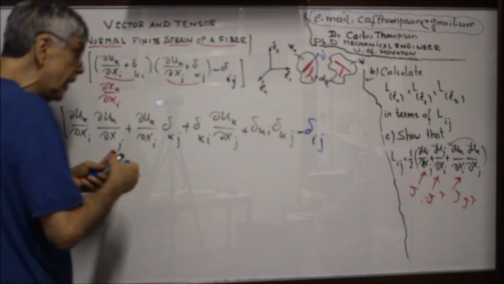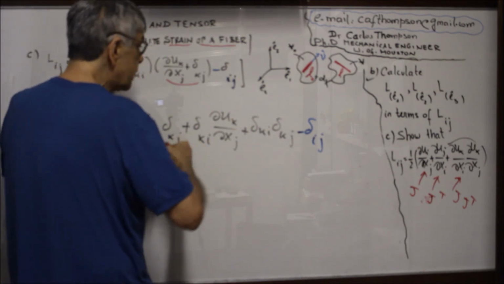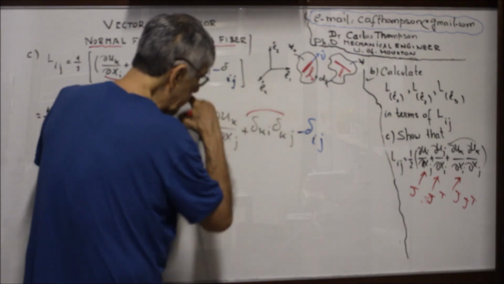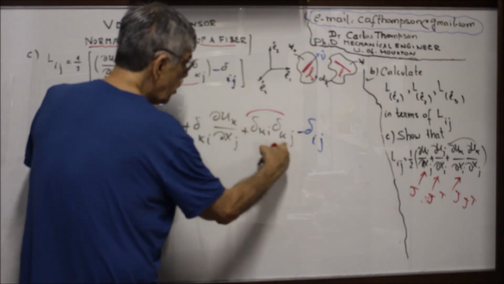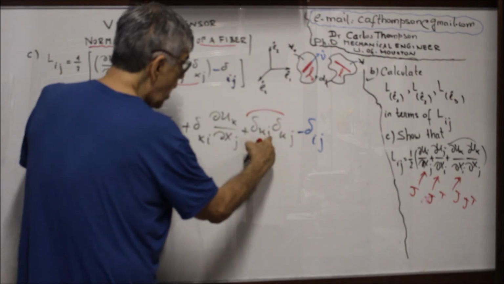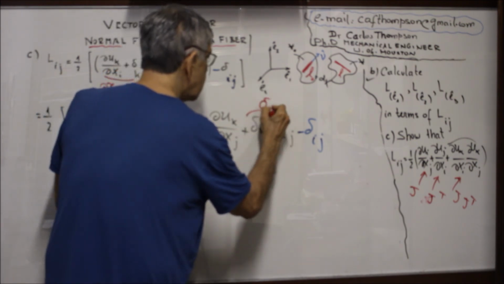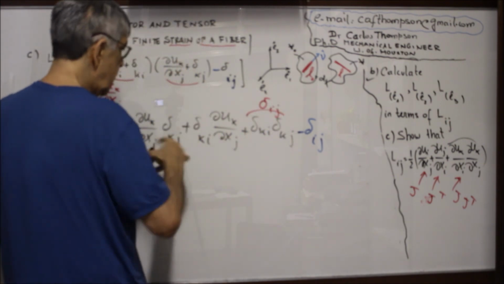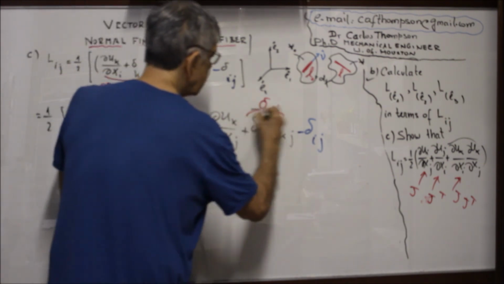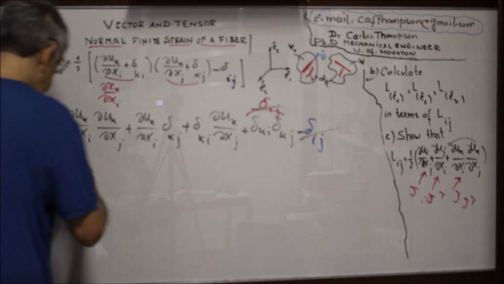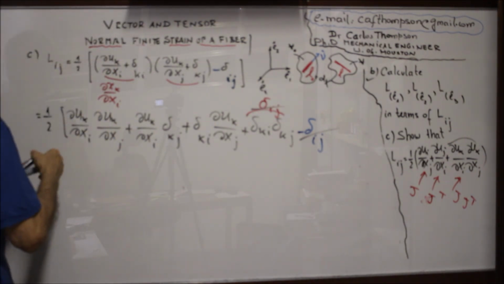Now we can see clearly the property of the Kronecker delta. You see delta_ki, delta_kj. So this i comes in this place, so this is delta_ij, and then this will cancel over here. Now let's apply the property.